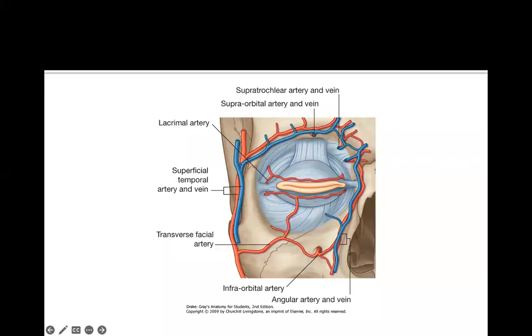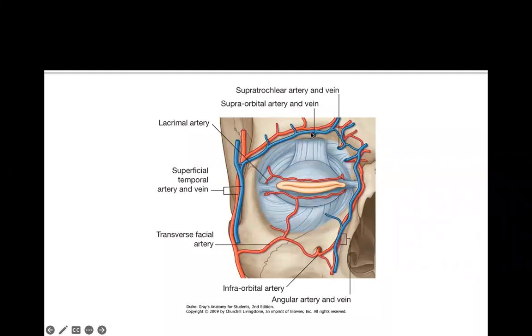Now remember we said that most of the blood vessels that supply the scalp and the face also pass through the orbit. Okay, so look at this. You see here, there's a foramen here where the superior orbital artery and vein will what?